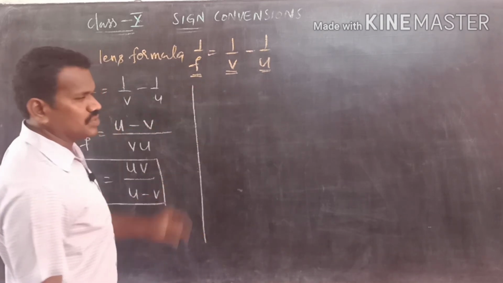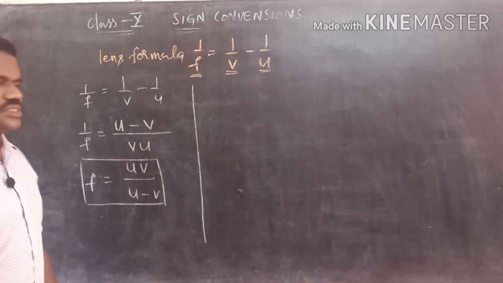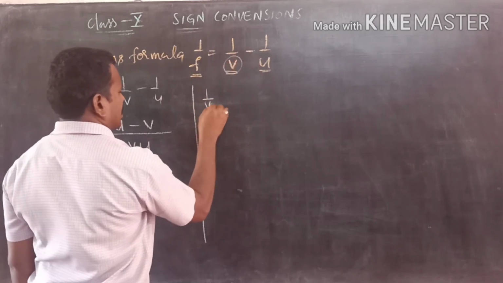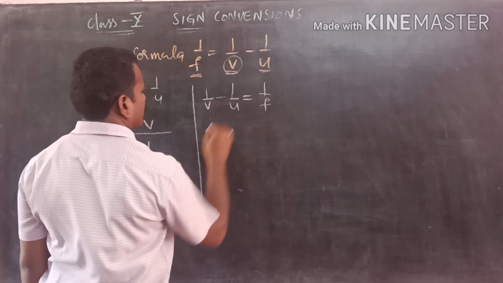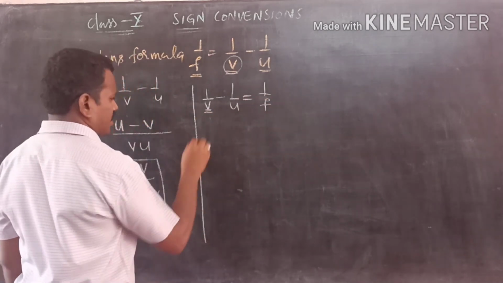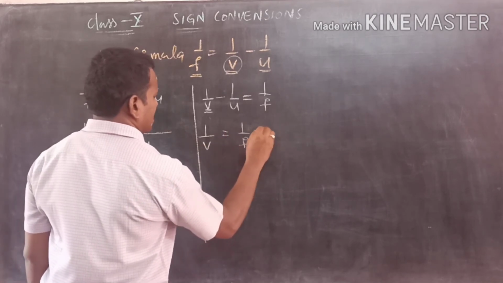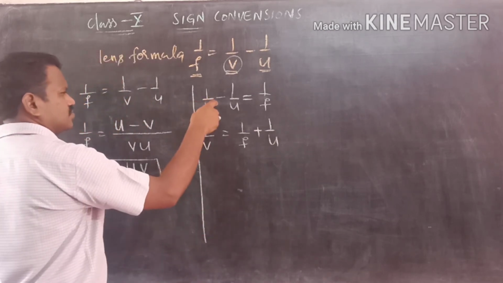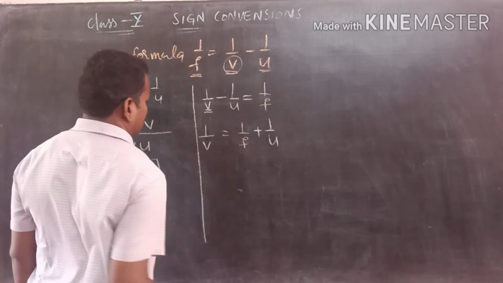From this formula only we can derive the formula for image distance. Image distance is nothing but v. Now we can write like this: 1 by v minus 1 by u is equal to 1 by f. I require the formula for v. Now 1 by v is equal to 1 by f plus 1 by u. What I did? Simply I transferred the negative term of minus 1 by u to the right hand side.